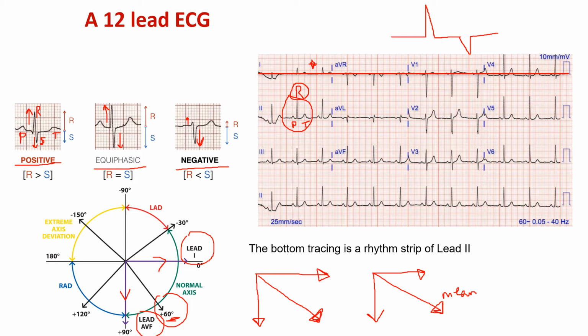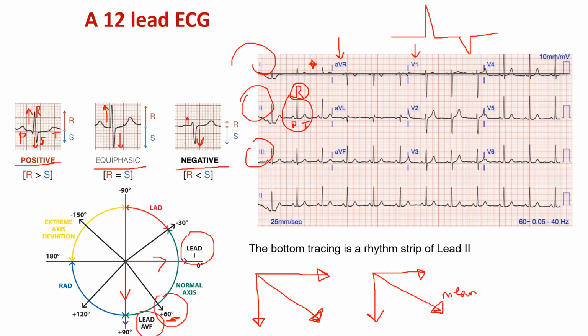Now, how are we going to use the positive and negative deflections to figure out our mean electrical axis? We refer to our EKG. This is a 12-lead EKG. So you have your lead 1, here's lead 2, here's lead 3, then you have your augmented leads right there, and then you have your chest leads V1 through V6.